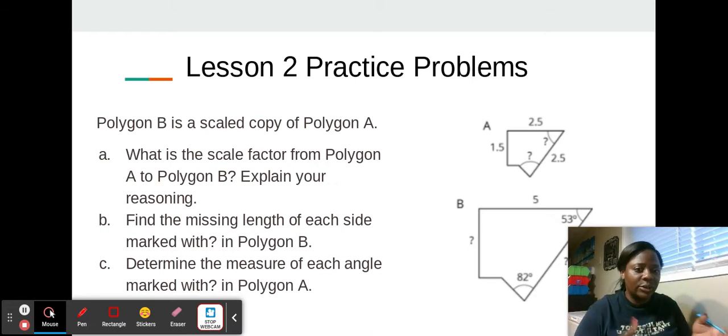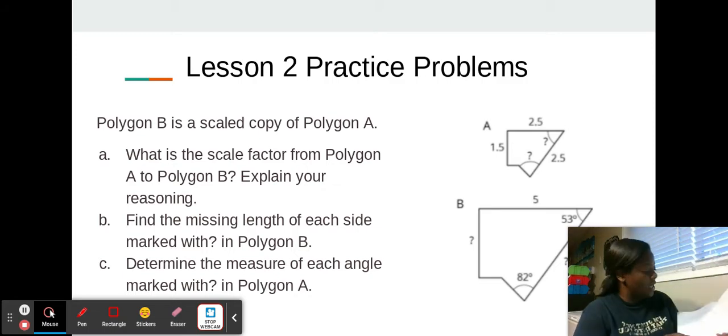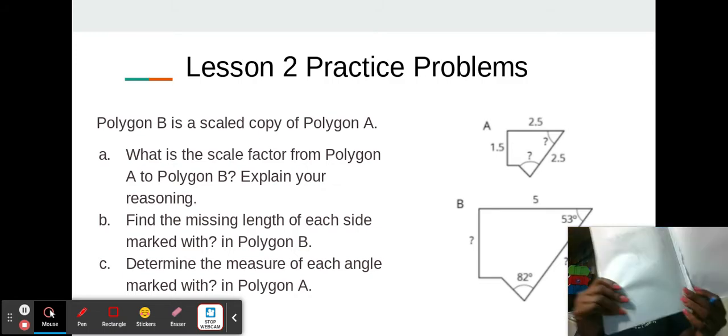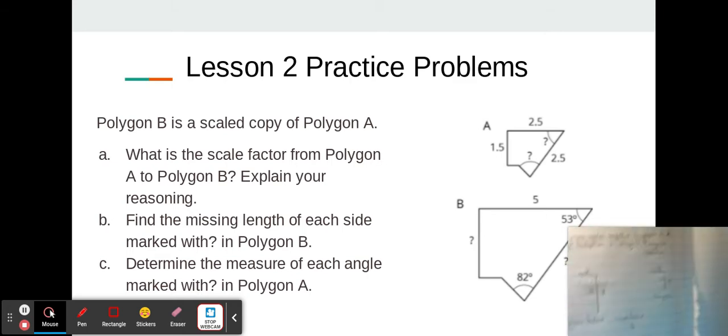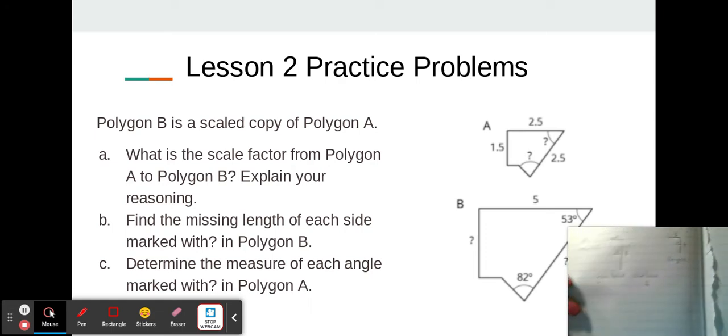Oh, wait, but we did use it yesterday, right? Okay, so I'm going to go take one day back in my notes and figure out that scale factor. From yesterday, remember back with our F, in some classes we did a scale factor of 2, and in other classes we did a scale factor of 4.